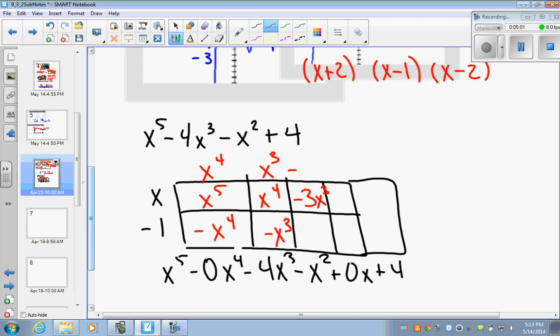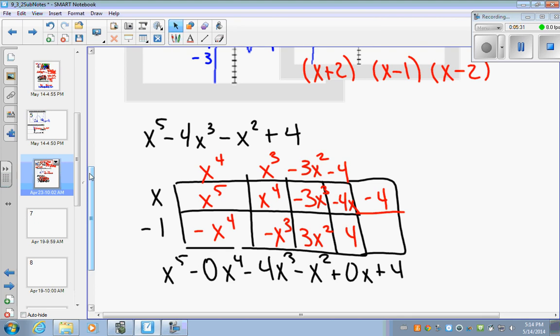I know I'm going quickly, but you can always pause it if I'm going too quickly so that you can have a chance to work this out on your own. That is the beauty of doing this in a video. And then I need negative x squared, so I'm going to make this negative 4x, positive 4, and of course this has to be 0, so that last thing is going to have to be a negative 4x.